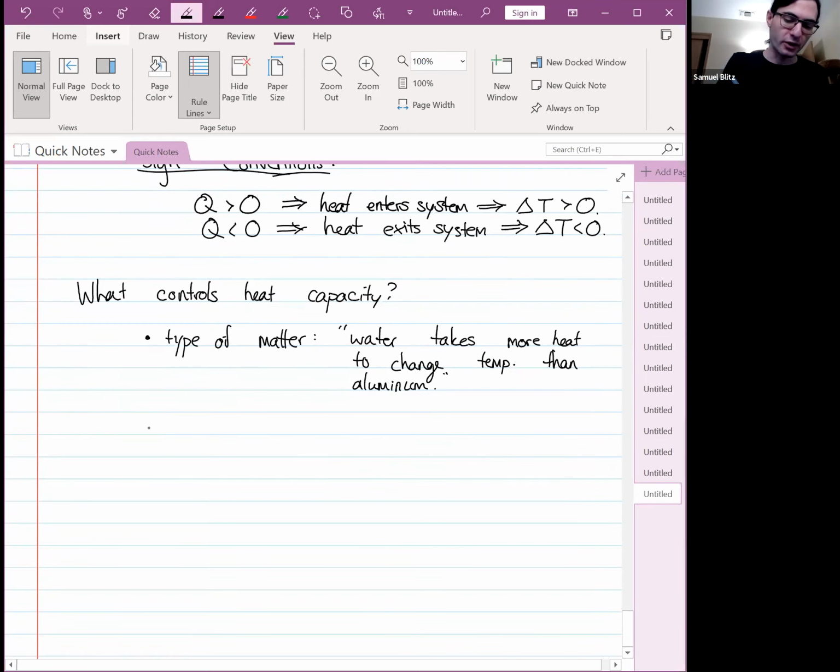So the type of matter clearly matters. We would say, oh, this is made of wood, so we'd have to go figure out the properties of wood, and that would affect our heat capacity. And then the other thing is the amount of matter. Also fairly straightforward. A lake takes more to heat than a cup.